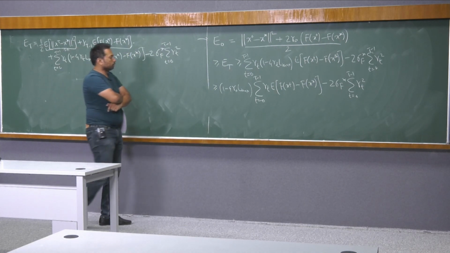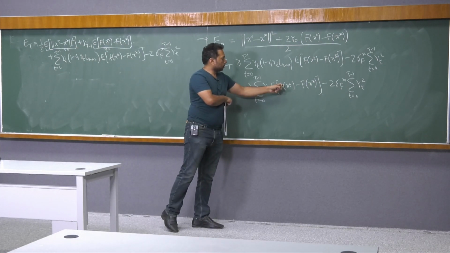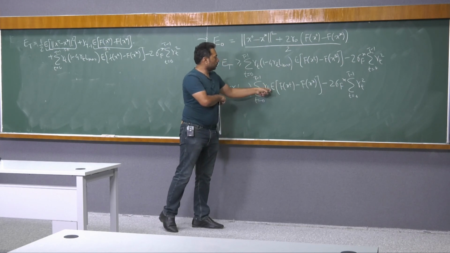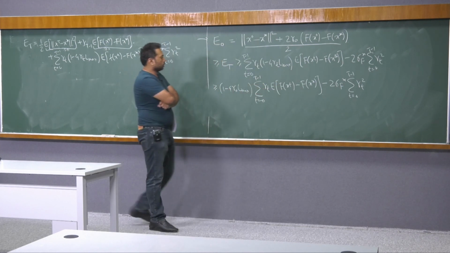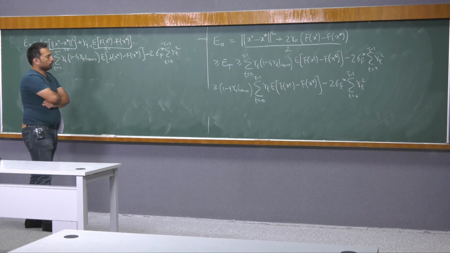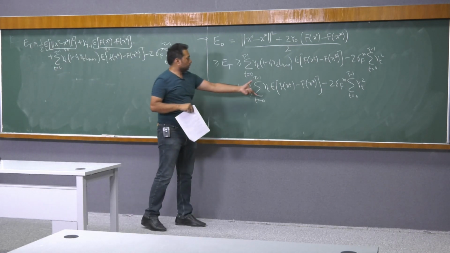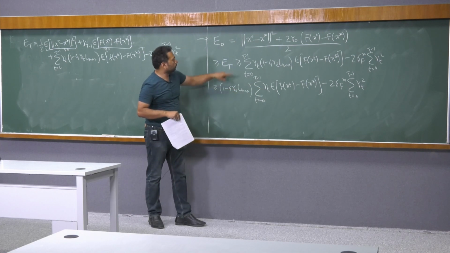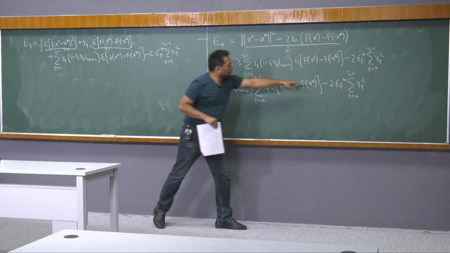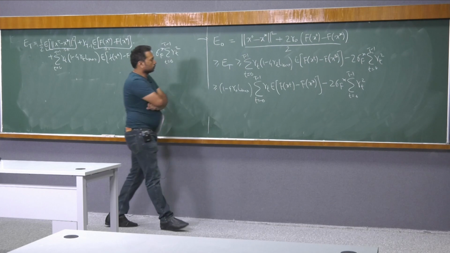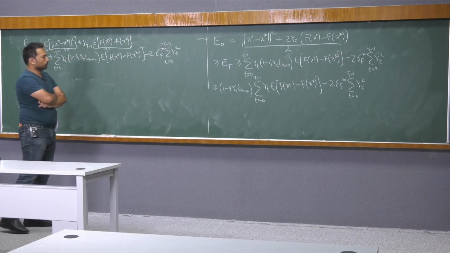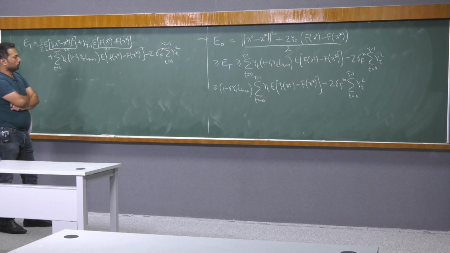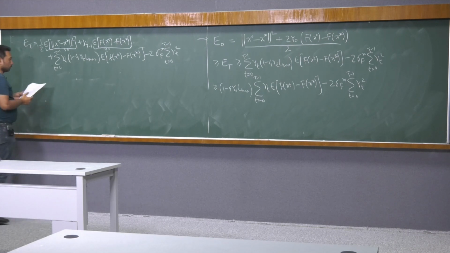From Jensen's inequality, the expectation of f(x bar) minus f(x star) is less than or equal to the sum of these, and this is further bounded by dividing by this and sending this guy there. So you can see that everything is in place now. Just like two or three lines, and we need to finish this proof.